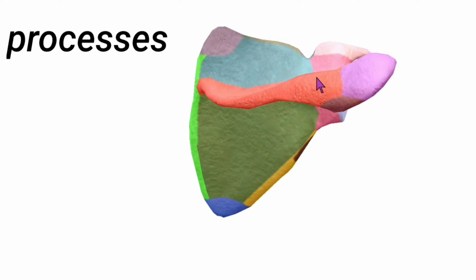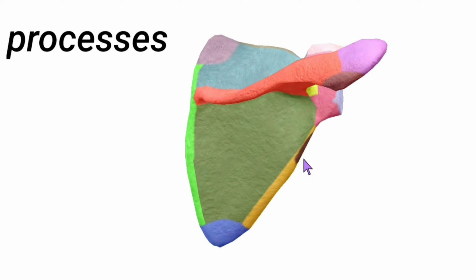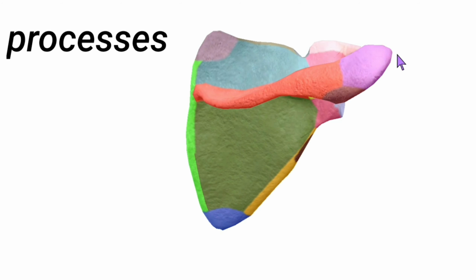The posterior border is also called the crest of the spine. It has the upper and lower lips.